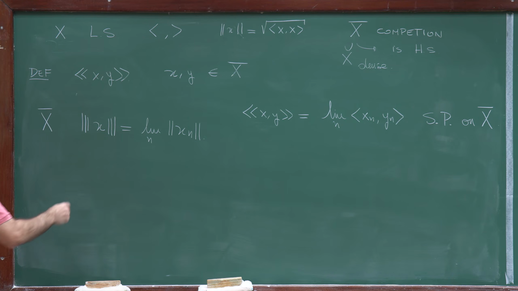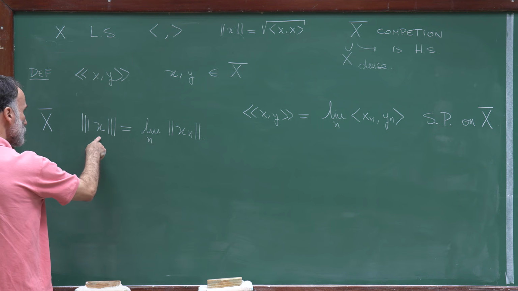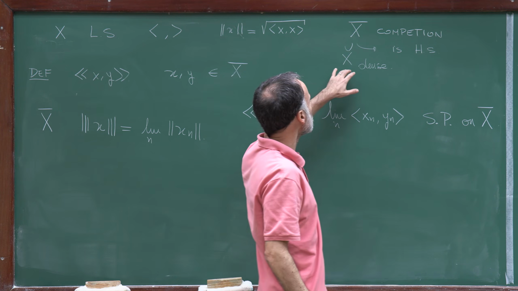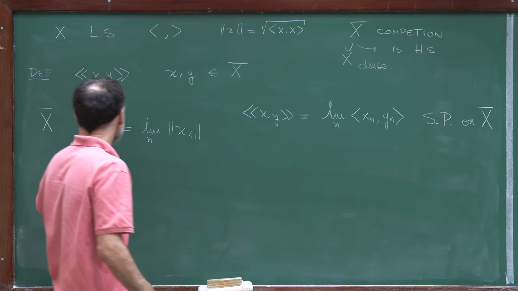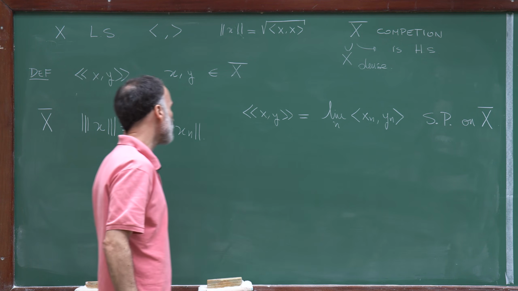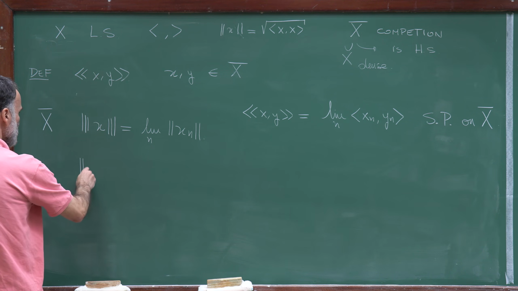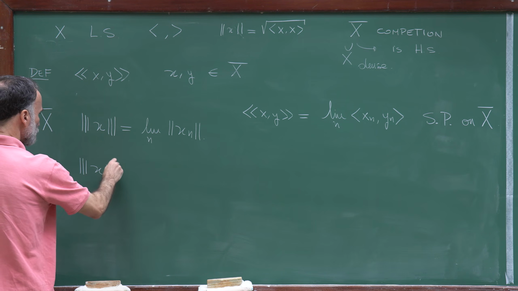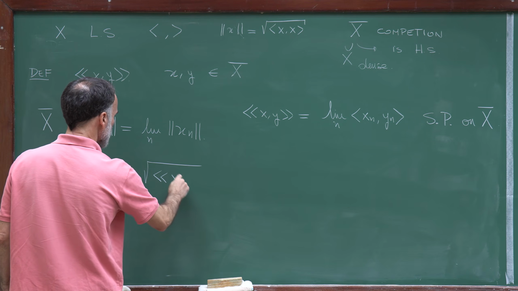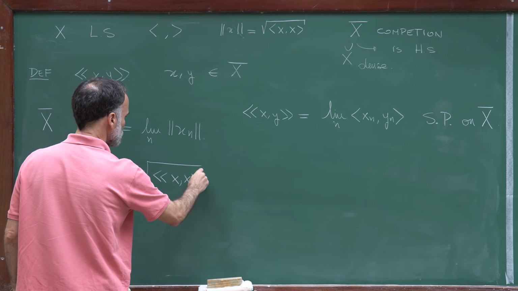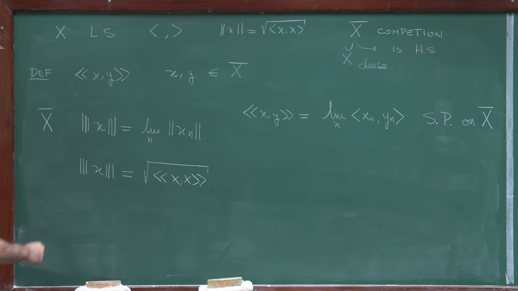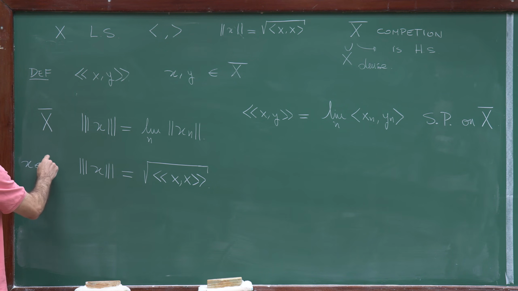Now what I claim is that this norm, which was constructed when we completed the space X, coincides with the norm that we get from this scalar product. So I claim that the norm of x equals the square root of ⟨x, x⟩ for all x in X bar.